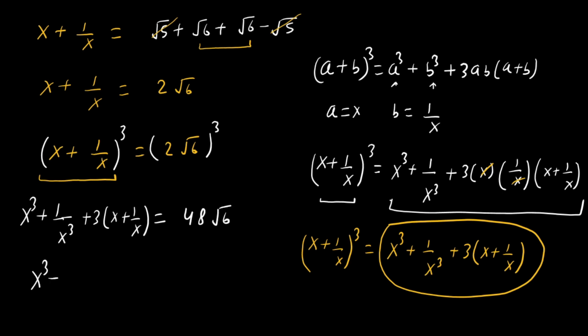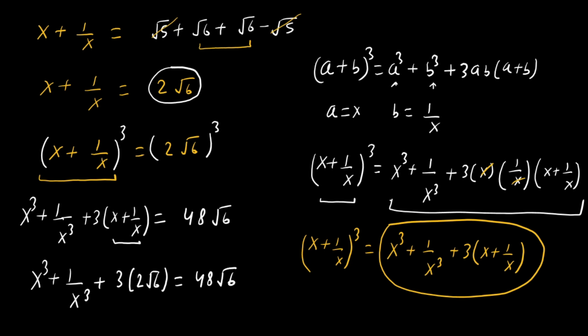x cube plus 1 over x cube plus 3 times (x plus 1 over x). x plus 1 over x is the same as 2 times square root of 6, and this is equal to 48 times square root of 6.